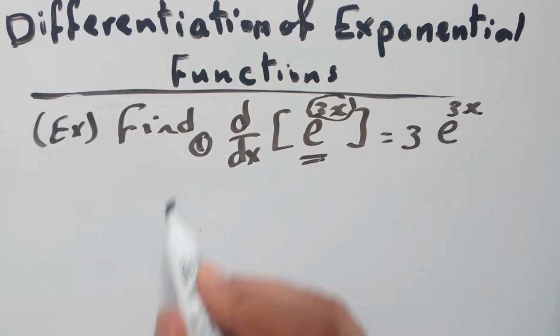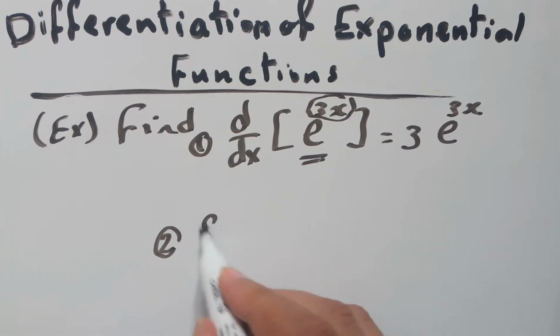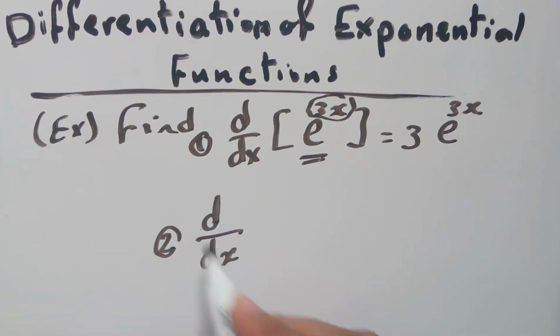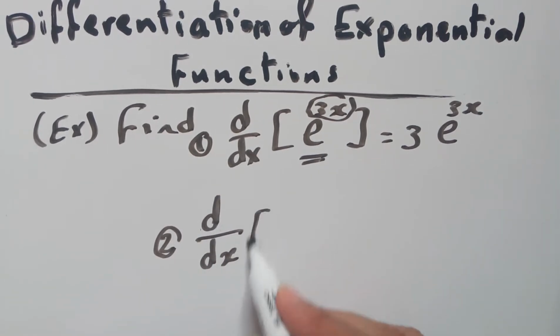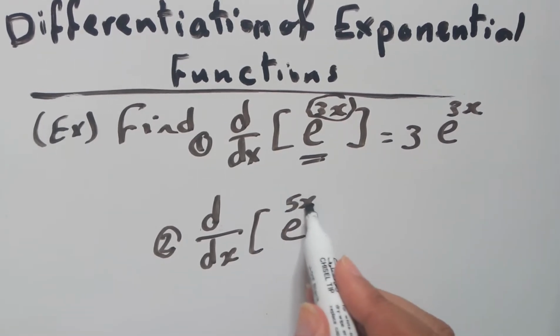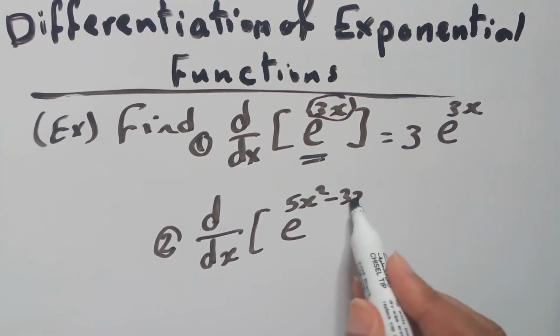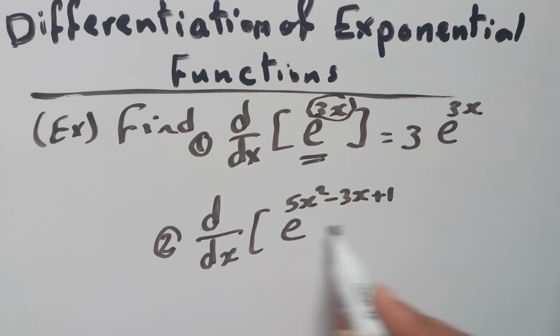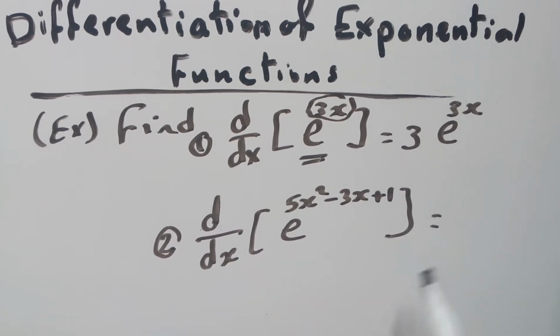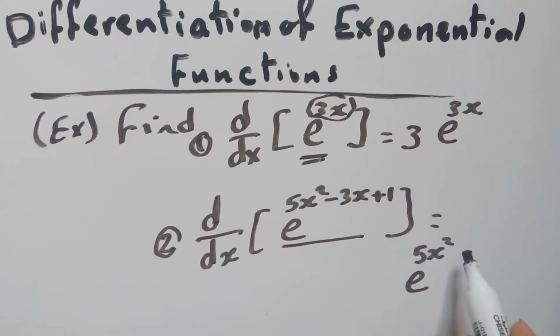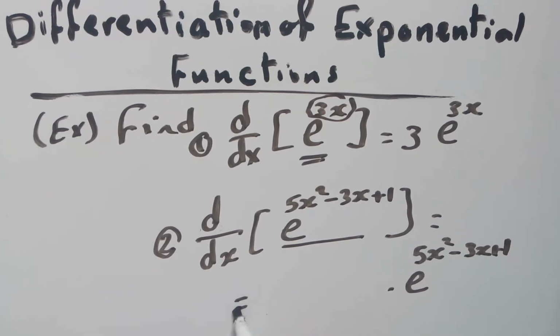This is number 1. Number 2, find d dx for e to the power 5x squared minus 3x plus 1. It will be the same function, e to the power 5x squared minus 3x plus 1, but multiplied by what? By the derivative for the exponent.